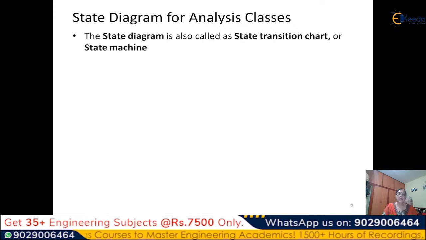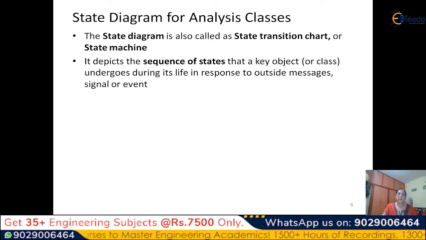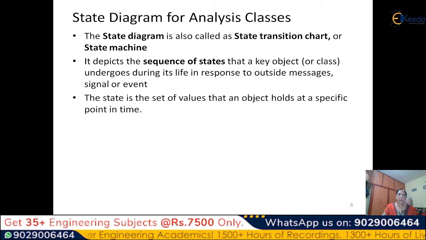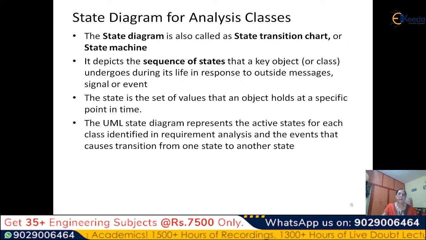So let's look at what a state diagram is for the analysis classes. In the last class, we saw how we can identify the classes, and how from the potential classes we can eliminate some or merge them and create the analysis classes. So now we are in the requirement analysis phase, and we will take the analysis classes and create the state diagram.